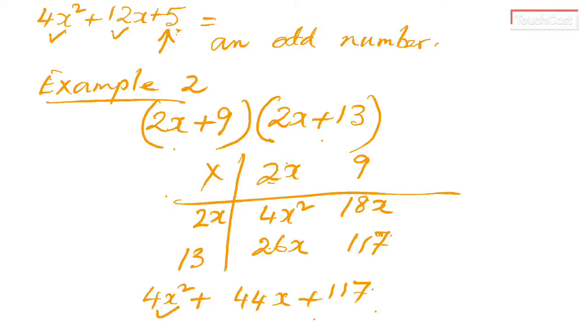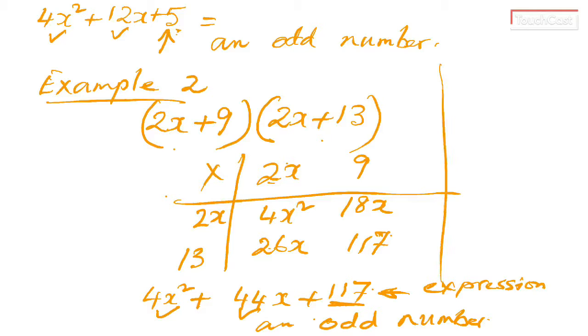This can be divided by 2. This will have a factor of 2. This doesn't have a factor of 2. Which makes that expression an odd number.